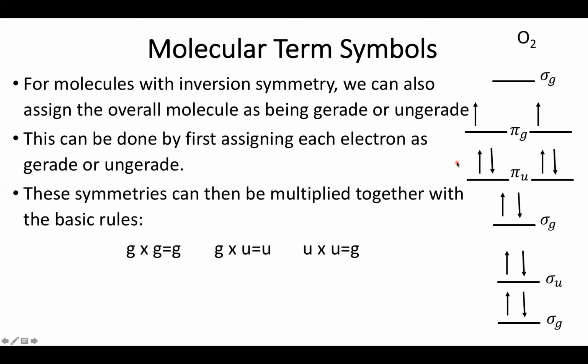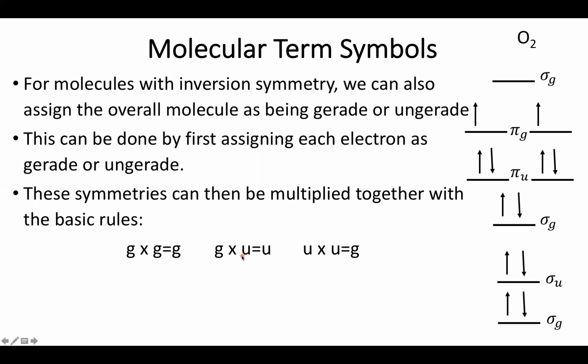Then we're going to try and combine these symmetries through some basic rules. If I've got two electrons with Gerard, I can combine them for an overall Gerard symmetry. If I have two electrons with un-Gerard symmetry, such as my antibonding, the system is overall symmetric because the asymmetries cancel. Now, the interesting case is if I have one electron with Gerard and one electron with un-Gerard, as this generates an overall asymmetry.